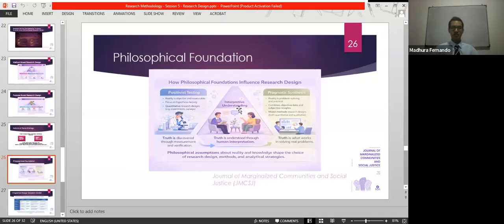Reality is objective. It doesn't depend on the human experience. It doesn't change because of the human experience. That is the positivist philosophy. Focus on hypothesis testing and quantitative research design, such as experiments and surveys. So, truth is discovered through measurement and verification. You numerically measure the truth in the positivist approach.